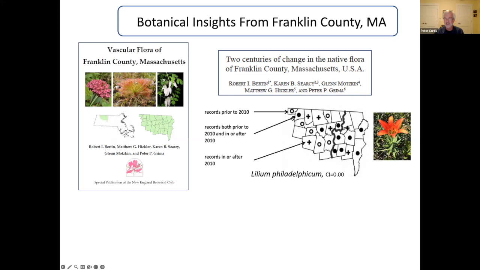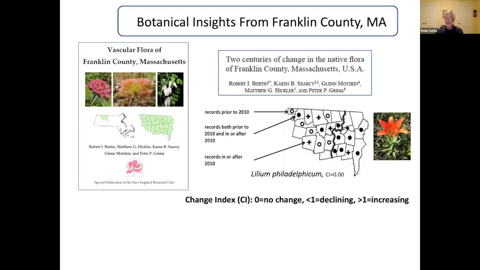In some cases where this plant was recorded historically, it's now disappeared. Those are the open circles. And some where it was recorded historically and they found it again, those are the closed circles. And in other cases there was no historical record, but it now has appeared, and those are the crosses. In the case of Lilium, you have an equal number of cases where it has disappeared and appeared. And then there's a number of towns where, again, it was there before and it's there now.